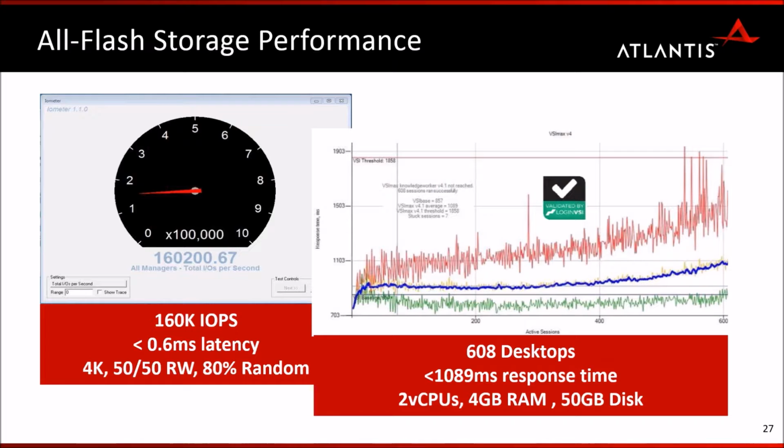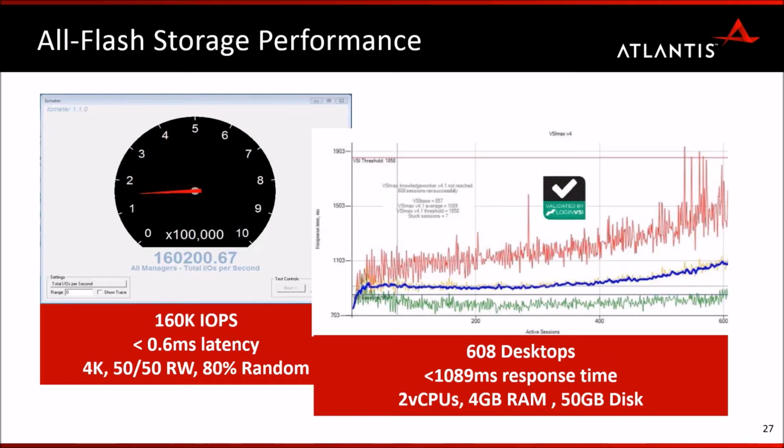From a VDI perspective, we have a Login VSI approved Zen desktop reference architecture published. We also have one on Horizon View for those who are interested. We were able to run 600 desktops on a single Hyperscale appliance with excellent latency, really low latency and response times. And these were pretty large.